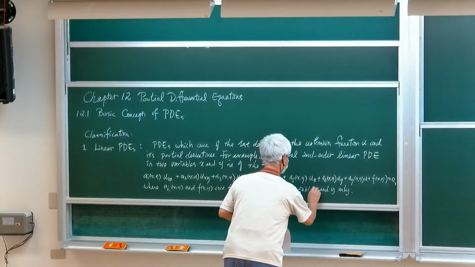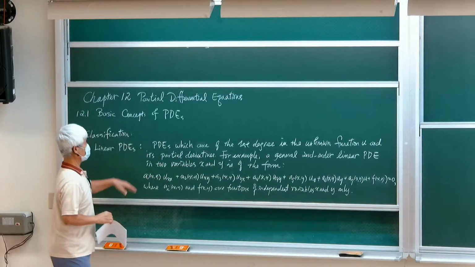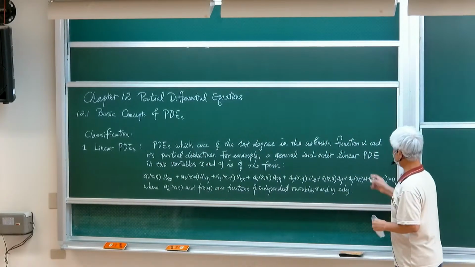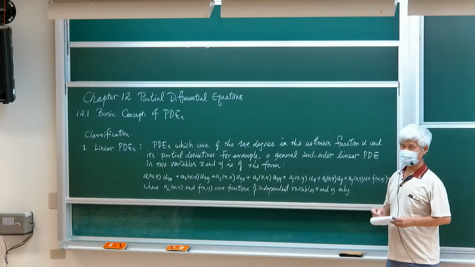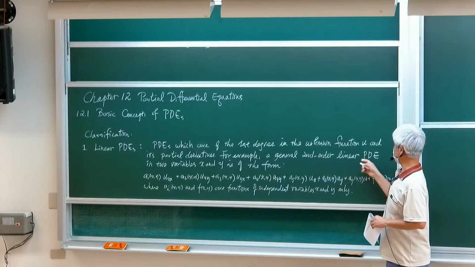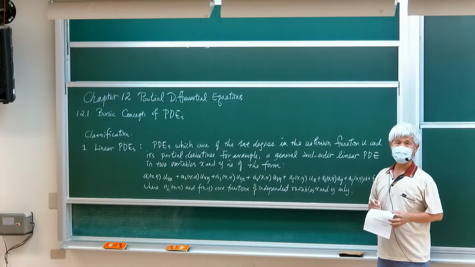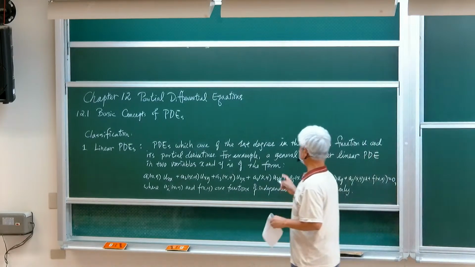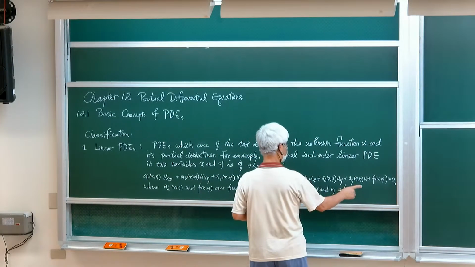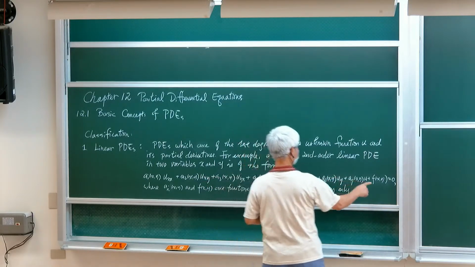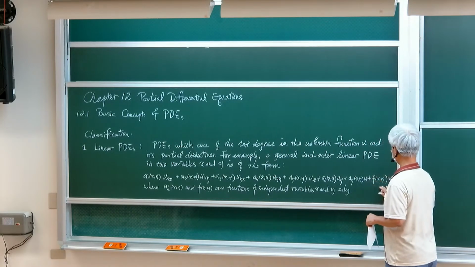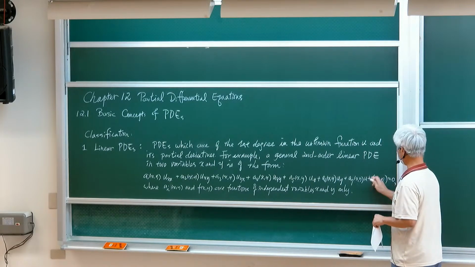All right. So this is the general second order linear PDE. From this example, you can extend it to the general nth order linear PDE. And so the number of terms here is 8, right? Excluding the inhomogeneous term here.